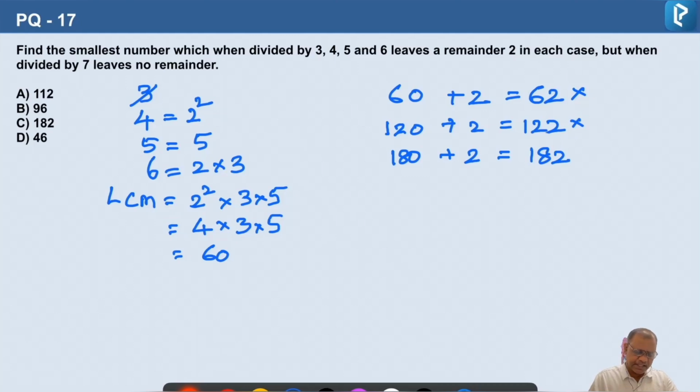So 182 is divisible by 7. That means 182 leaves remainder 2 when divided by any one of these 4 numbers, and also leaves 0 remainder when divided by 7. So our answer is 182. Option C is the correct answer.